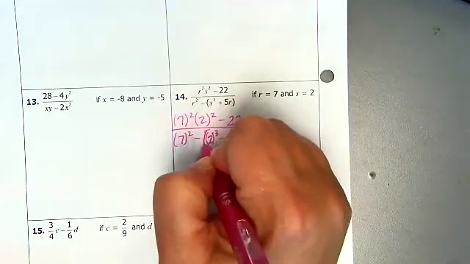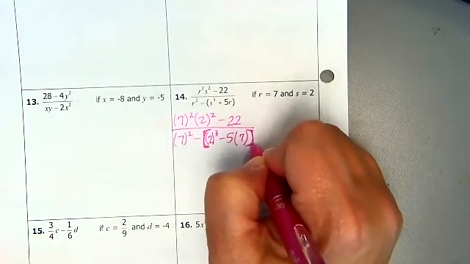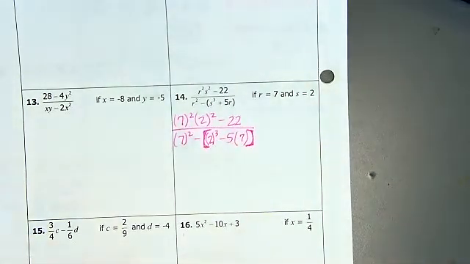So I'm going to use brackets instead of double parentheses. That way it's easier to see what's going on. It's just grouping symbols.